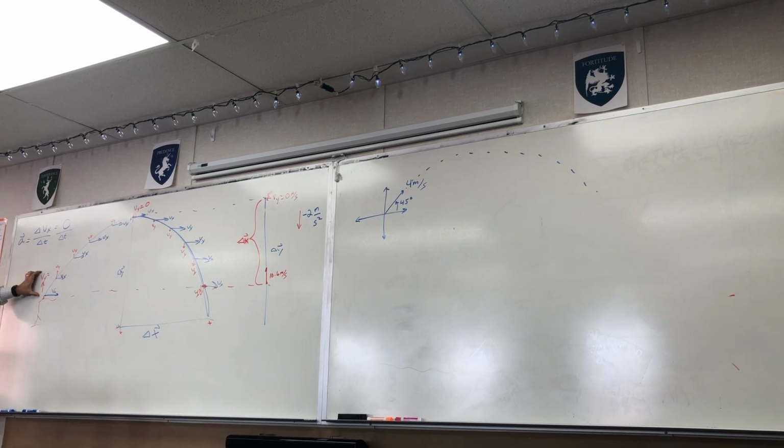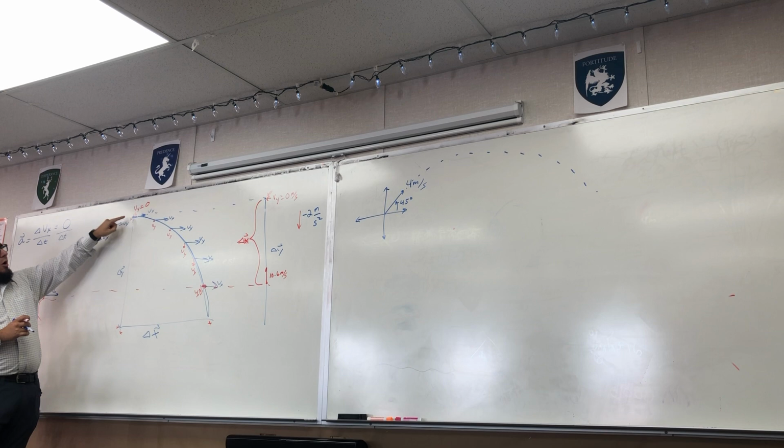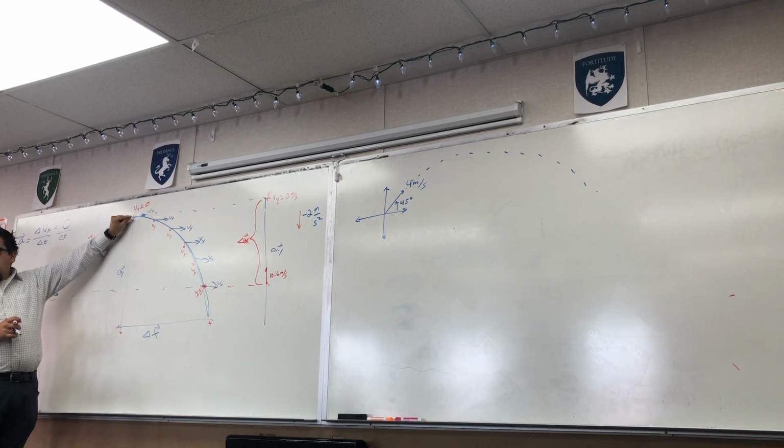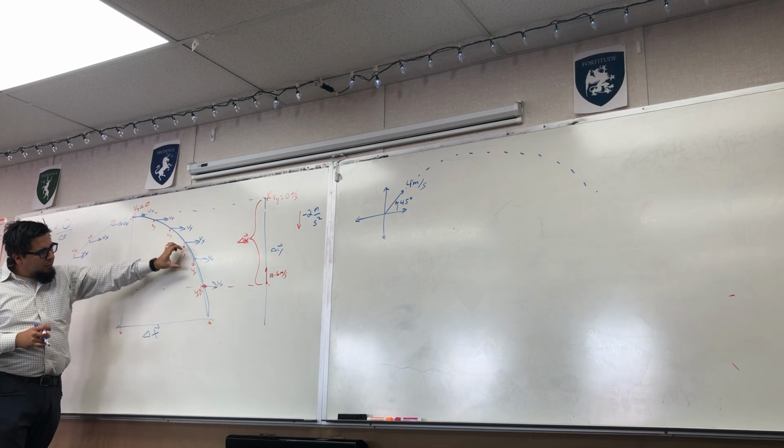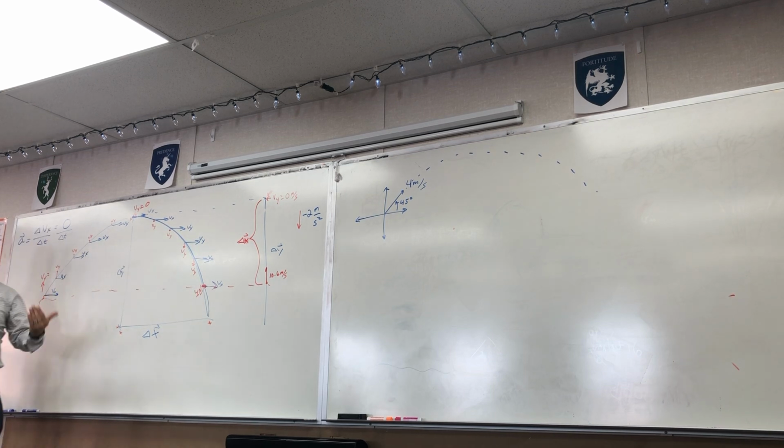Now let's look at the y. You start out at a certain value here, then it's a little bit smaller, a little bit smaller, all the way to 0. Then it goes negative, a little bit bigger negative, a little bit bigger negative. Do you have a change in velocity in the y direction? Yes.